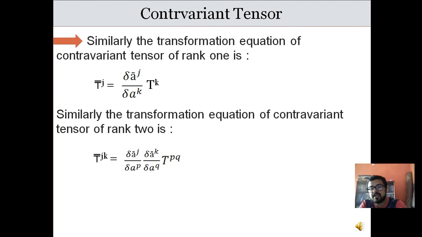So j and k are on the numerator side, while p and q are on the denominator side. You have to understand, in the case of contravariant tensor, the bar will be on the numerator side, not on the denominator side. If it is on the denominator side, it will be a covariant tensor.